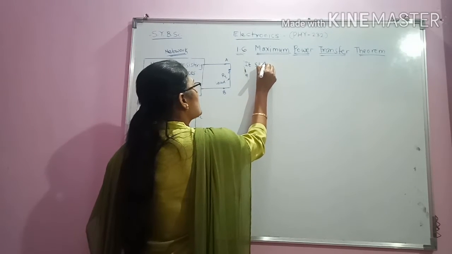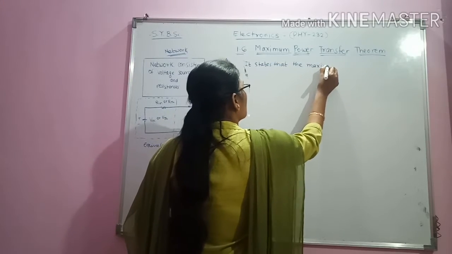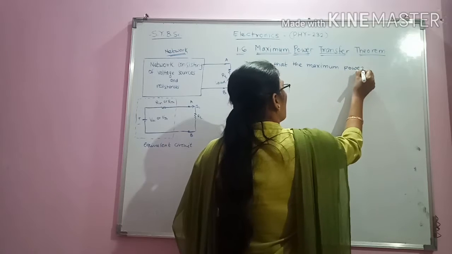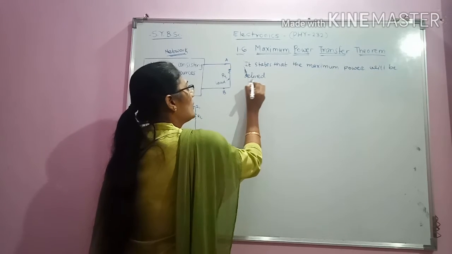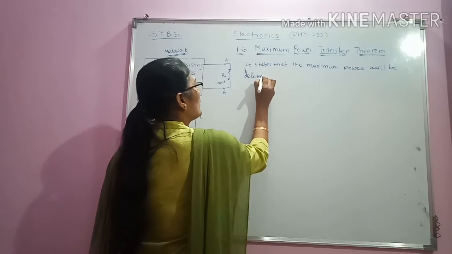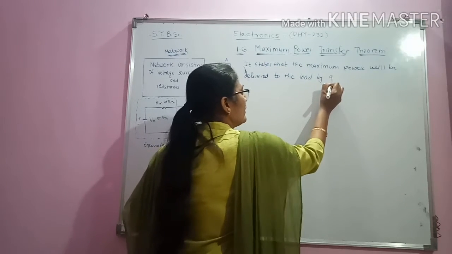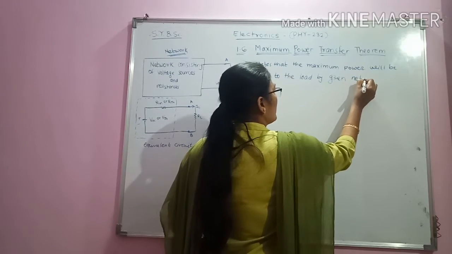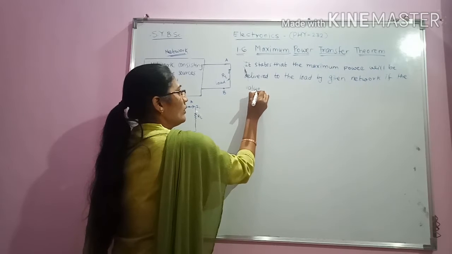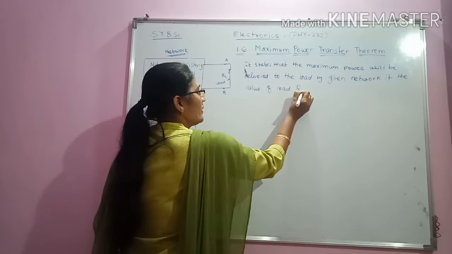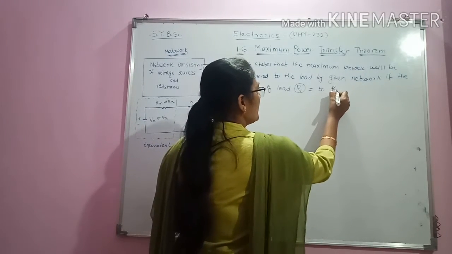It states that the maximum power will be delivered to the load by a given network if the value of load RL equals the internal resistance.